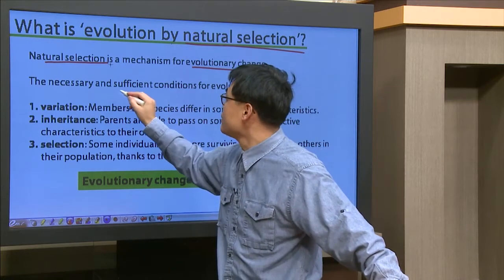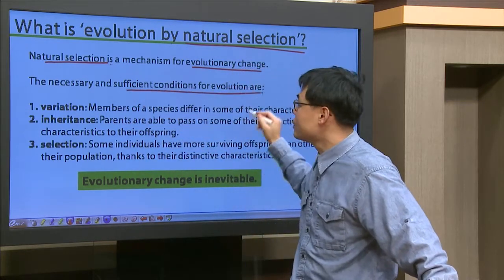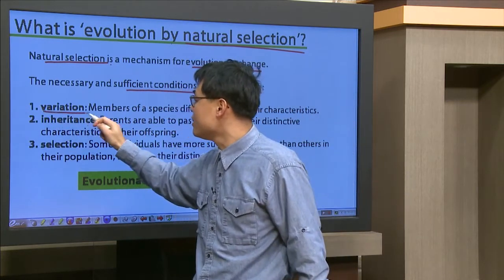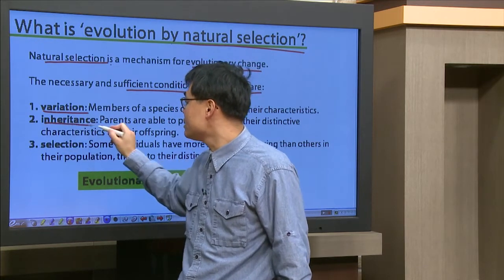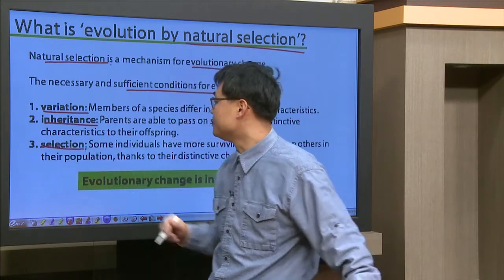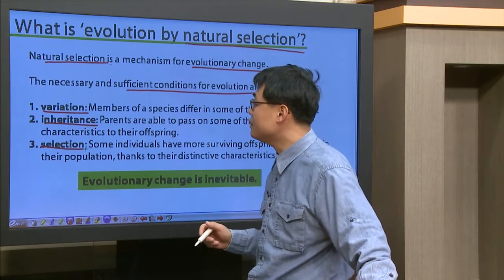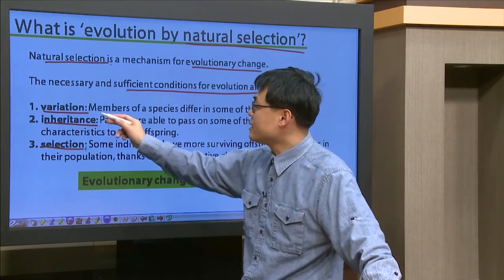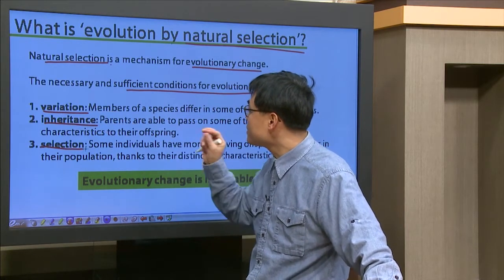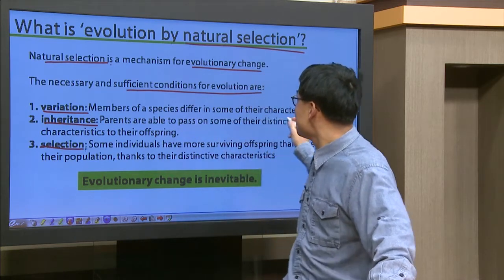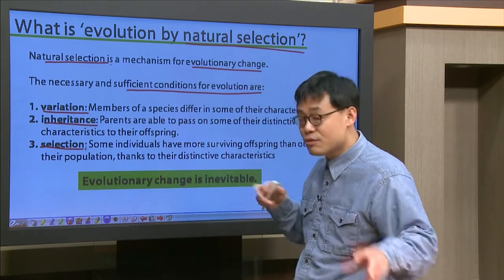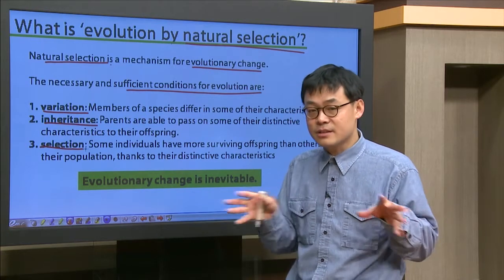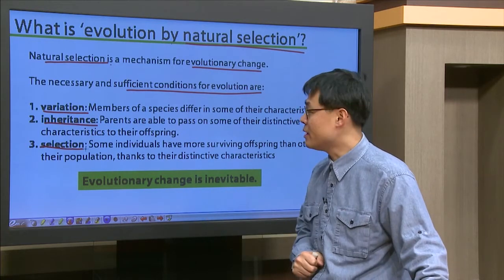The necessary and sufficient conditions for evolution are 1, variation, 2, inheritance, and 3, selection. So let's look at each condition. Variation: the members of a species differ in some of their characteristics. Not everybody is the same in a population.